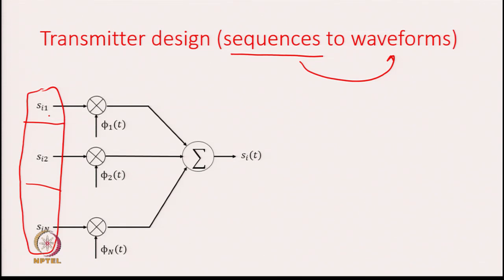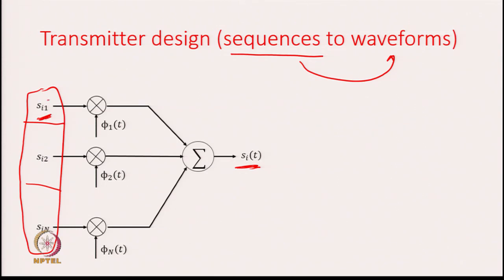Okay. So, I take in a number, and let us first focus on what the subscripts of this number denote. Here i denotes that this is a sequence corresponding to signal s_i(t), and 1 denotes that this is the first number of the sequence.